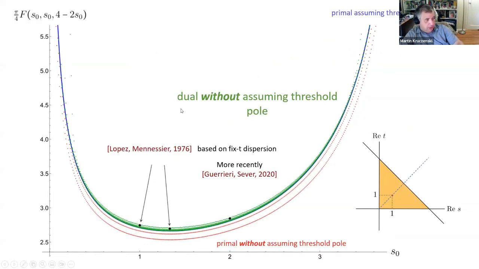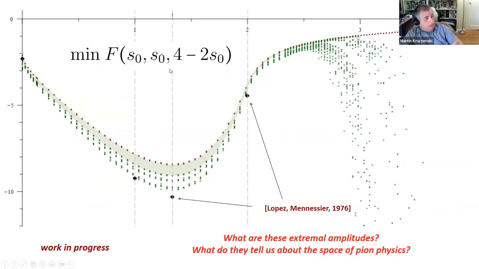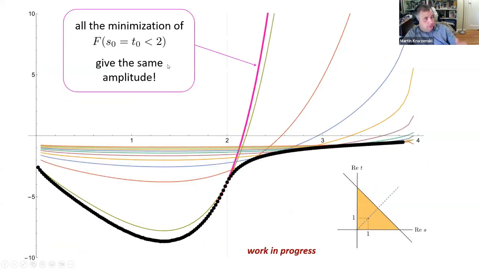So the minimum is negative. Once again, the idea is to map out the space of allowed functions, and here we are just characterizing these functions by one value at some point, and then you have a range that it can have. And if you look at different points, you have all this allowed region.